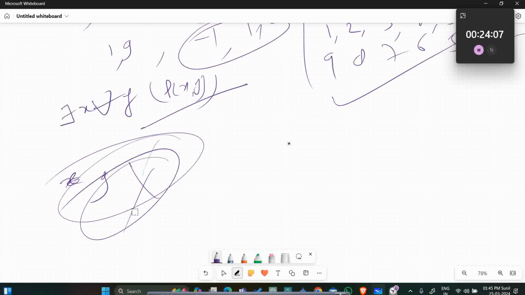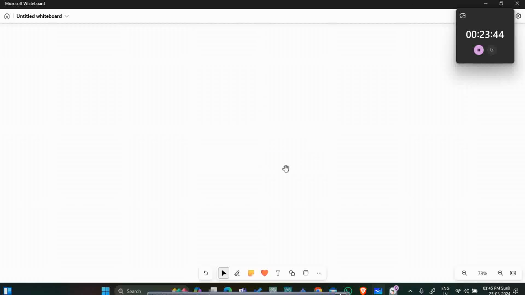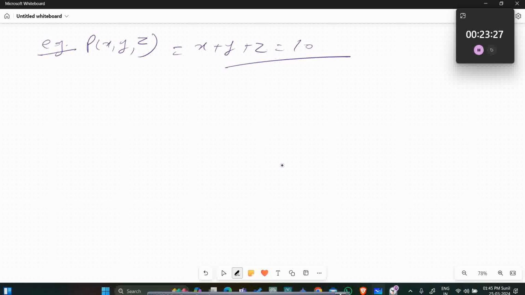And next example is similar to this. Alright, next example is p(x, y, z) is equal to x plus y plus z is equal to 10.